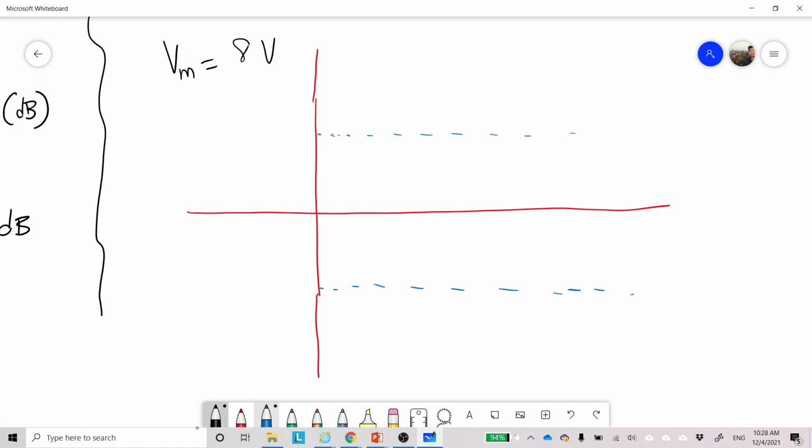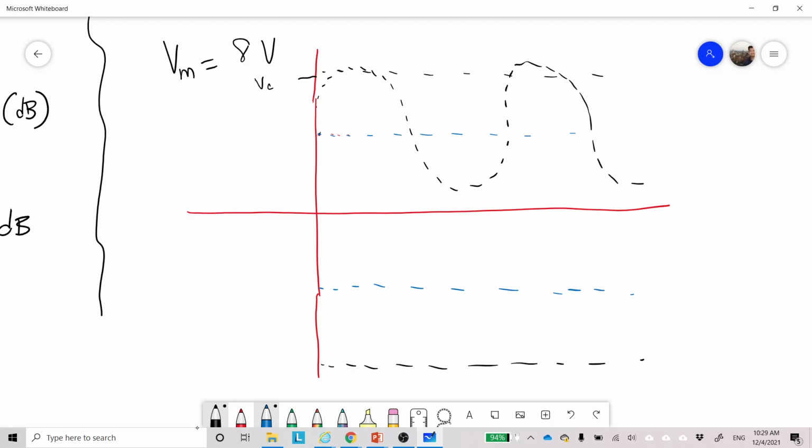So this is VC plus VM. So over here is VC plus VM. For example, this is a minus VC minus. So what I do is that like this.